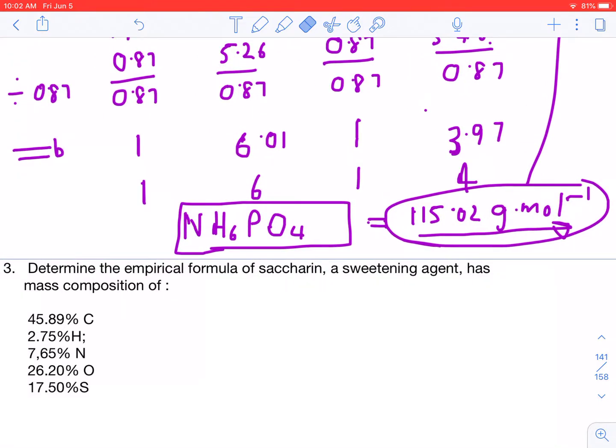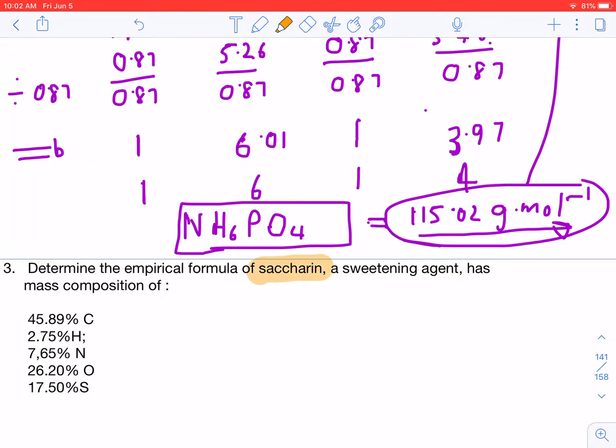Right. Now, looking at the next one, we need to determine the empirical formula of saccharin.